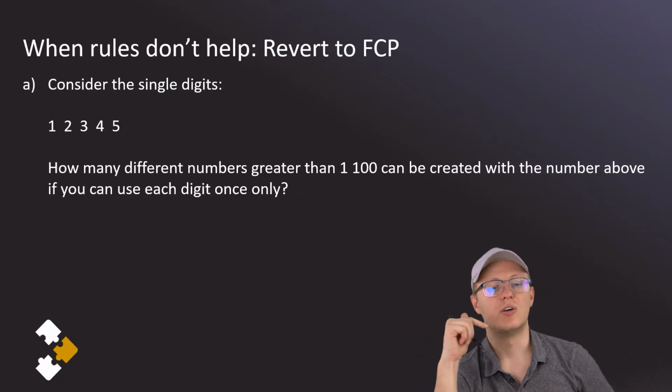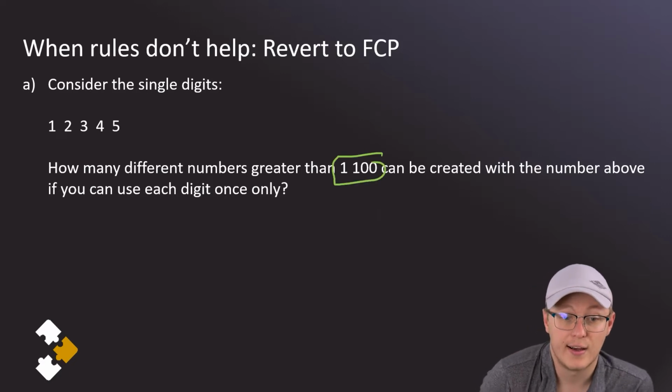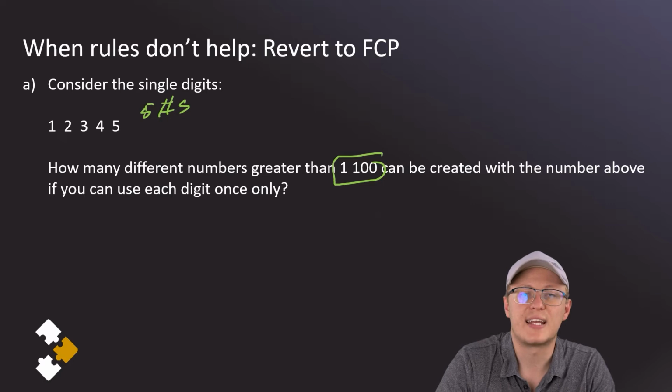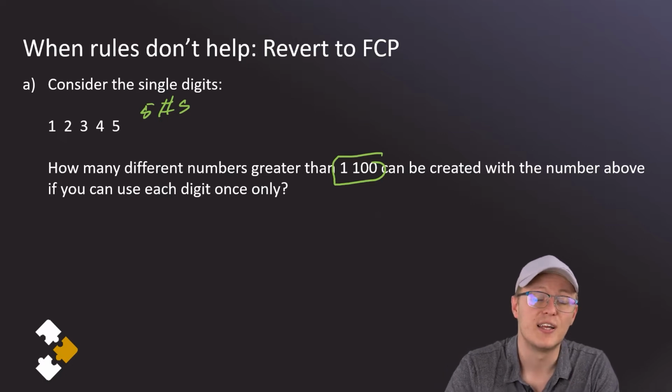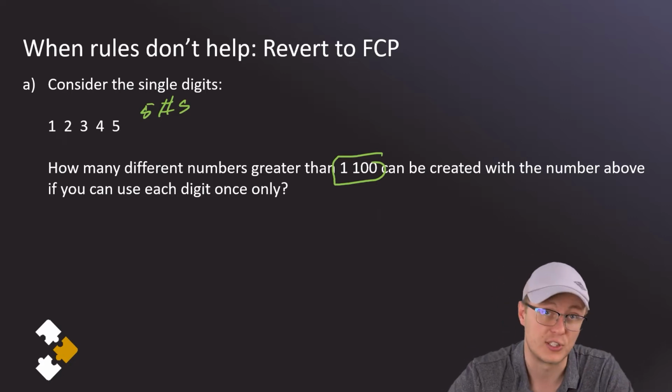Now, it says numbers greater than 1100, and I've got 5 numbers. Any number that has 5 digits is going to be greater than 1100 because 1100 only has 4 digits, right?